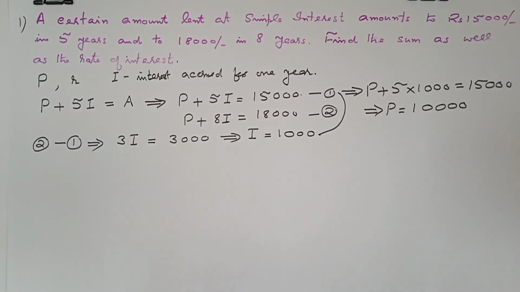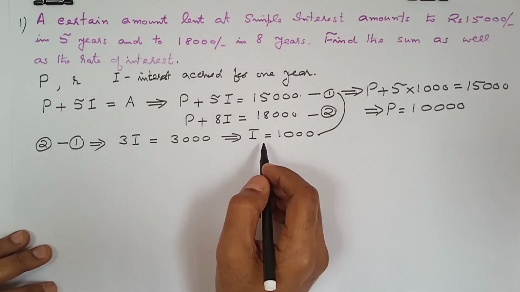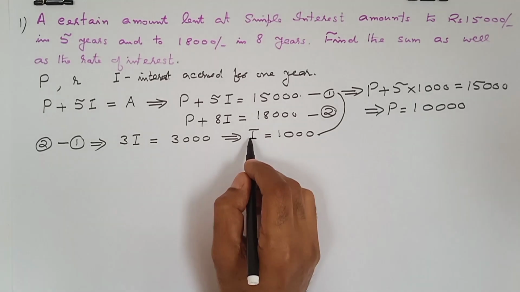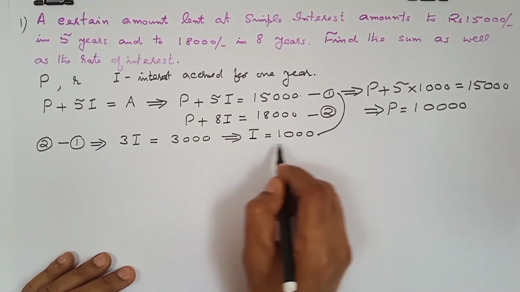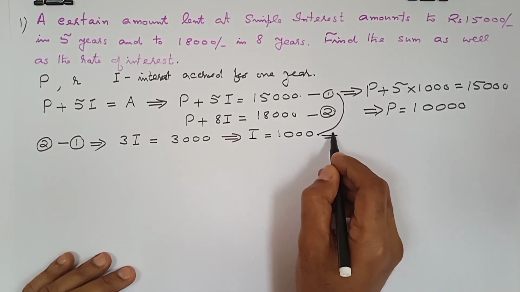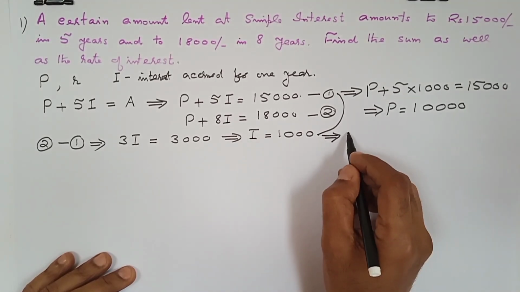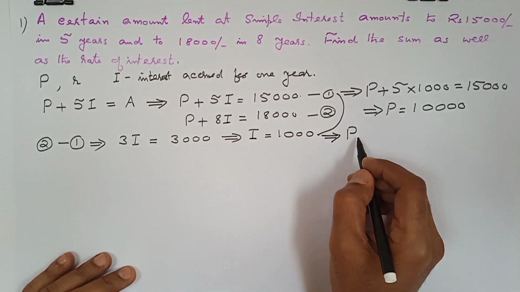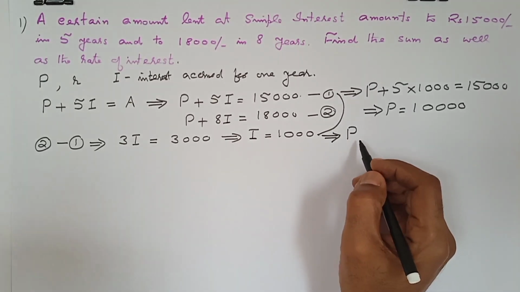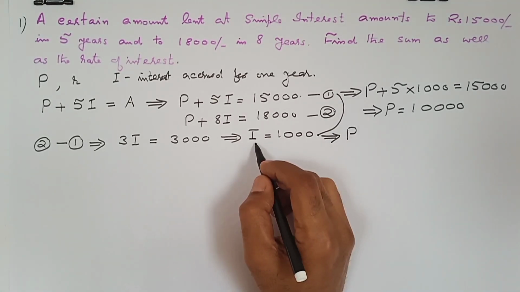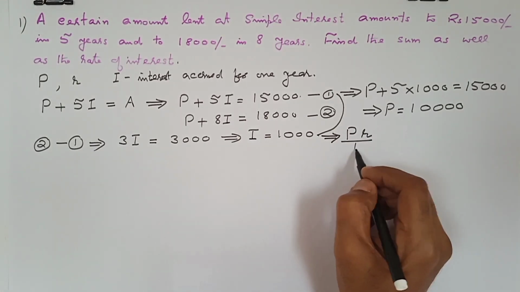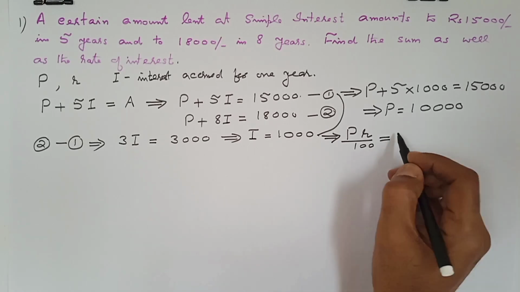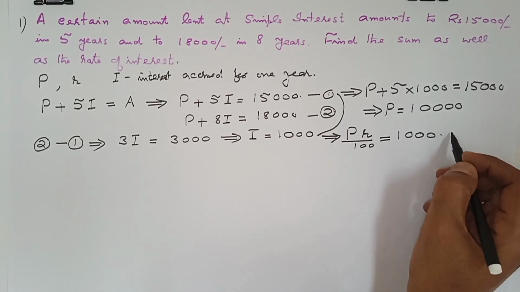How do you find out rate of interest? Take I. This I denotes interest accrued for 1 year. What will be that? This will be principal PNR by 100. N is 1 because I denotes for 1 year. So it will be just PR by 100 equal to 1,000.